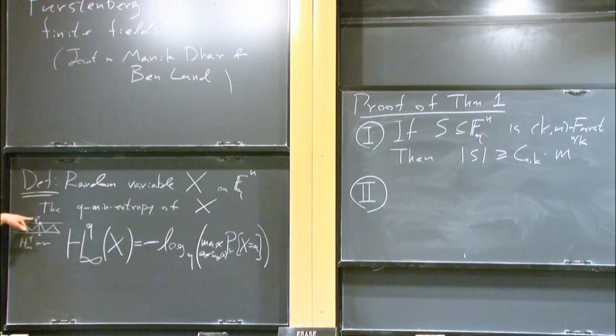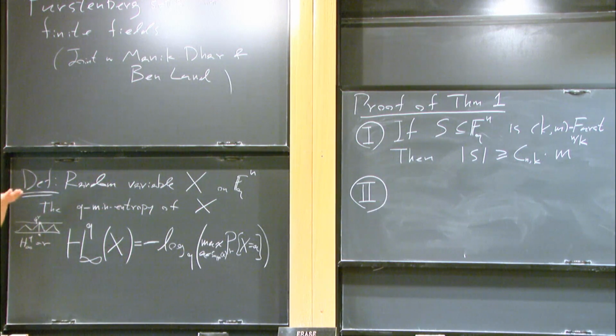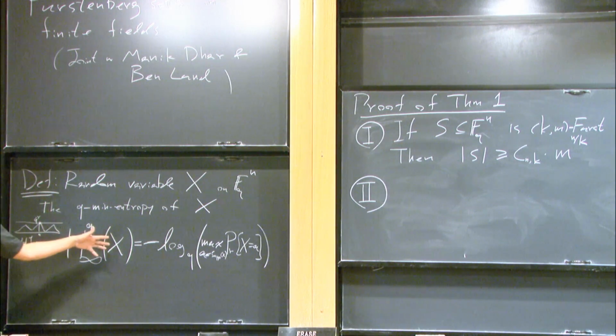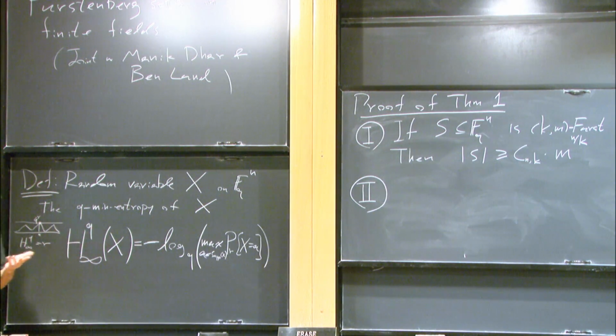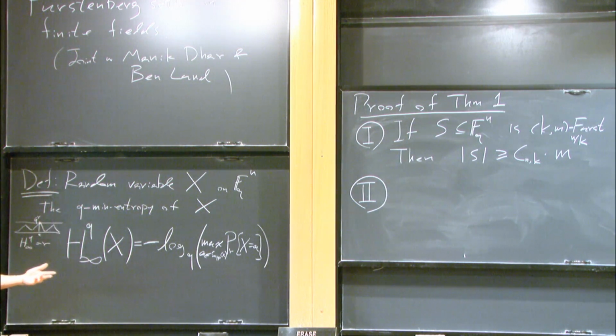So you take minus log of the maximum value. If the min-entropy is large, it means that the distribution is very flat, and nothing is obtained with high probability. So the higher this is, the more randomness you have. It's a very strong notion of entropy. If you think of Shannon's entropy as an average entropy, where you look at the average probability, here you look at the maximum one. So if this is large, then all the other entropies, including Shannon's entropy, also have to be large.